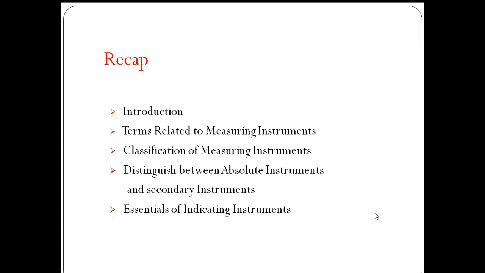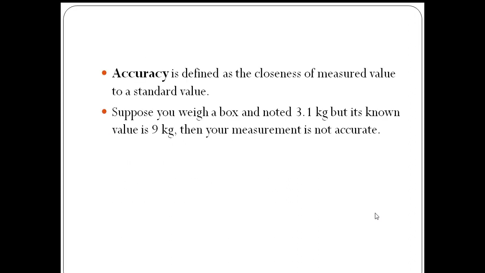The importance of these torques, and the configurations by which we can provide the deflecting torque, controlling torque, and damping torque, we discussed in the previous classes. In today's video class, we will mainly focus on errors in measuring instruments. Before that, we will briefly discuss important terminology.